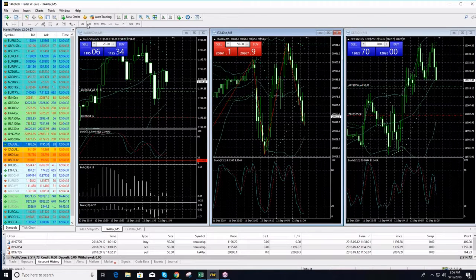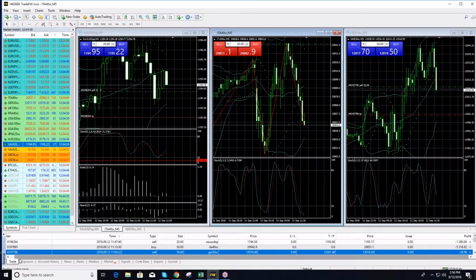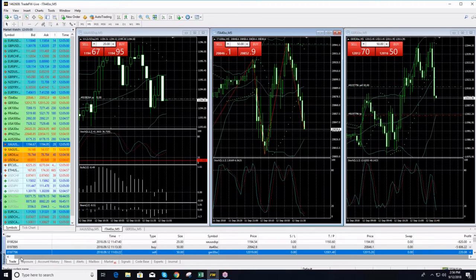Okay, I will be showing some educational videos. I see some movement on DAX. Also on Italy 40, we see some movement. Also on gold, I see some movements. There we go. Yeah.